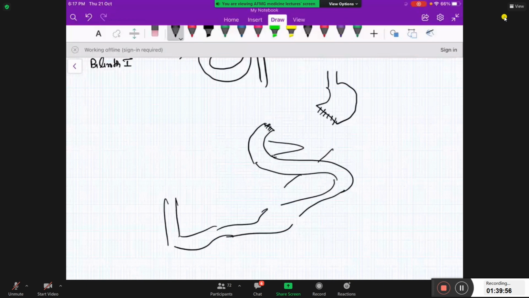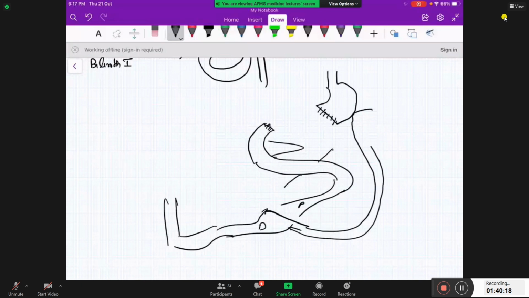Please, this is a schematic thing, but intestine is a quite long structure. Now this is the proximal loop. This is a distal loop. Agreed, right? So what I'm going to do now, I will take this distal loop, pull this distal loop, and take it to the stomach and anastomose it like this.